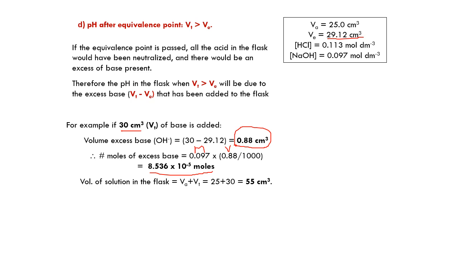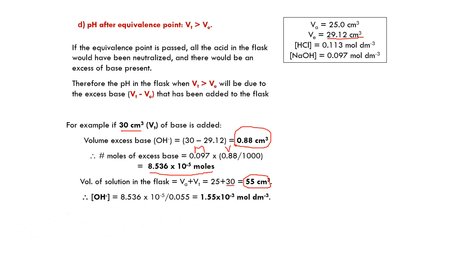The total volume of solution in the flask at this point would be 25, which is the original volume of the acid, plus the 30 of the sodium hydroxide that has been added. So the total volume is 55 centimeters cubed.